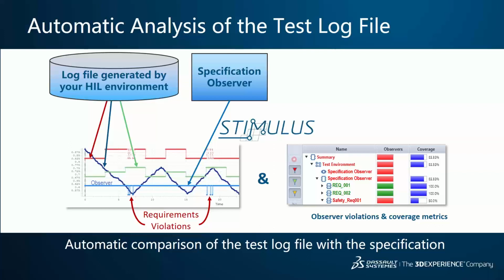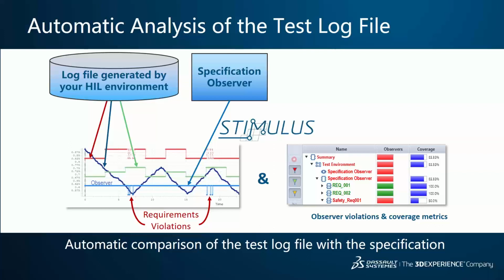I mentioned you can go up to the final test of a system, including the hardware, and that's what you see here. In a hardware-in-the-loop environment, you can record the inputs and outputs that happened during the tests, load this information into Stimulus, and we have everything we need. Remember, requirements are an expected relationship between inputs and outputs.